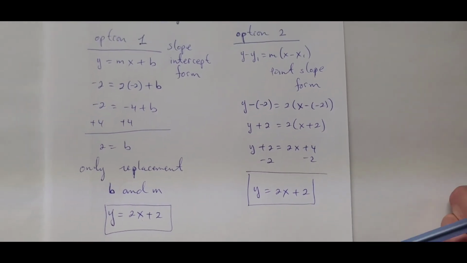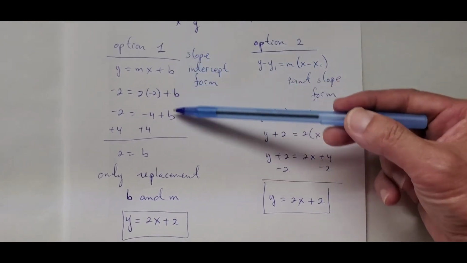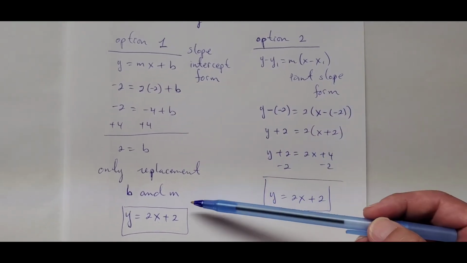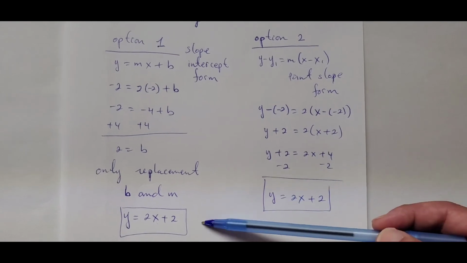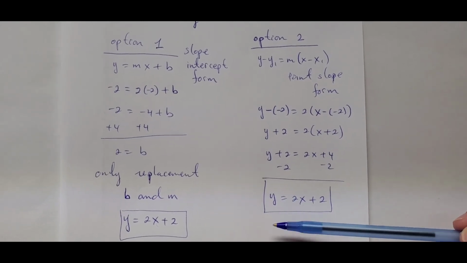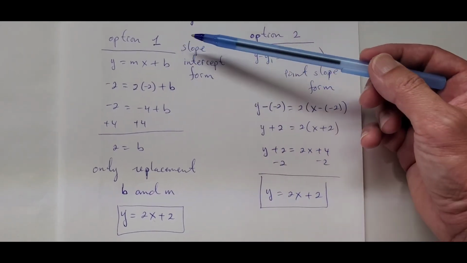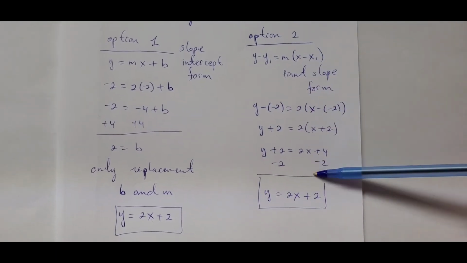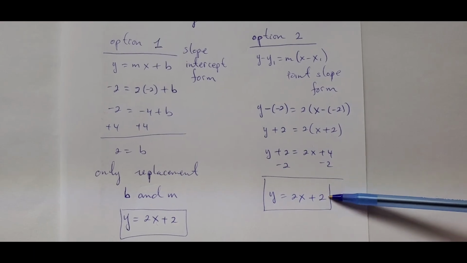Now as you can see, option 1 and option 2 both give you the same answer. So be very careful. One more time, option 1 and option 2 will give you the same answer.